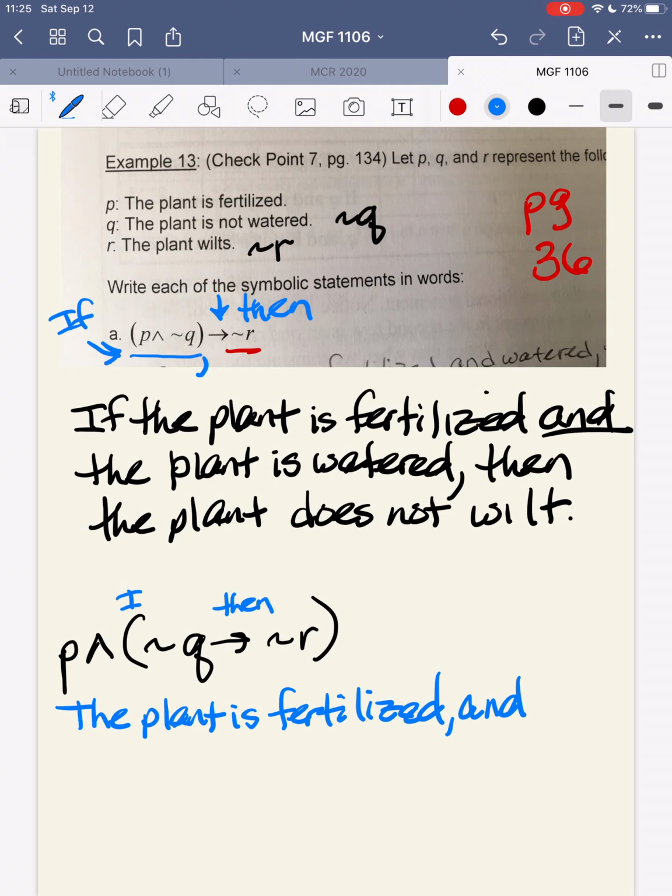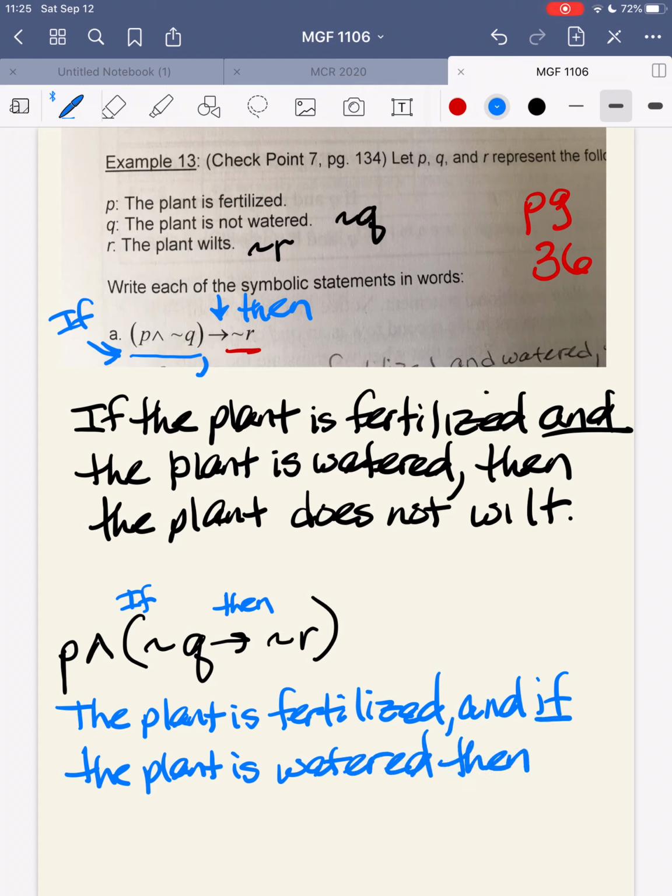So I need an if here. And if, negation of Q, and if the plant is watered, then, so I have my if-then statement, and then not R. The plant does not wilt.